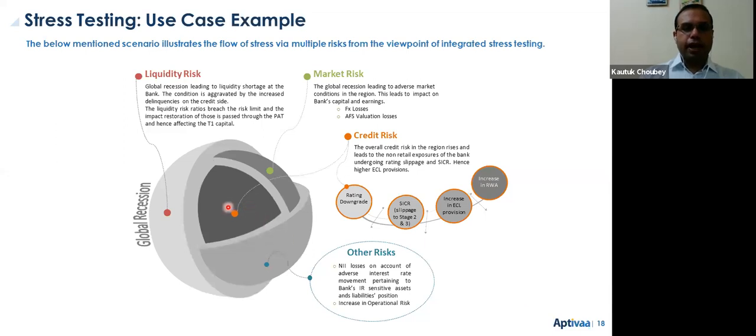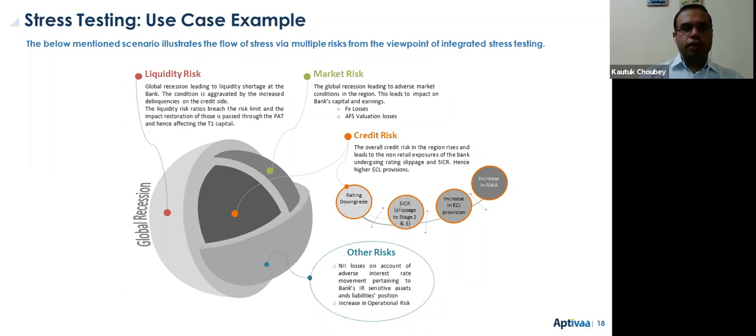macroeconomic or major event at the core, there are multiple risks spurring out of the same event. So for example, if there is a global recessionary event or a protracted global slump, that may lead to liquidity shortage in the market as a whole, and the same would happen with the bank as well, because the bank's risk profile is also maintained in a manner that it is susceptible to a very quick liquidity shortage, which is also aggravated by the increased liquidity cost in the market.